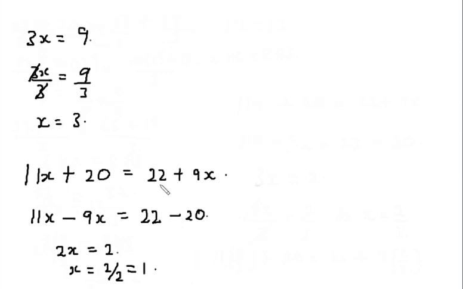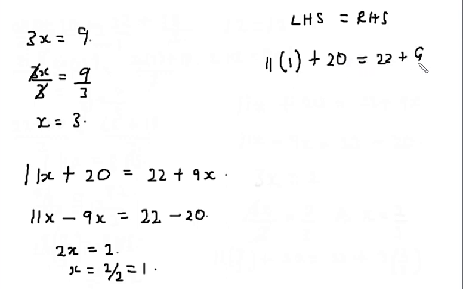So most times when you solve linear equations, I advise that you substitute the answers into the original question to find out whether the left hand side is equal to the right hand side. So let's do it for this problem. Here we have 11, we substitute the value of x immediately. So 11 open brackets 1 plus 20 is equal to 22 plus 9 open brackets 1.